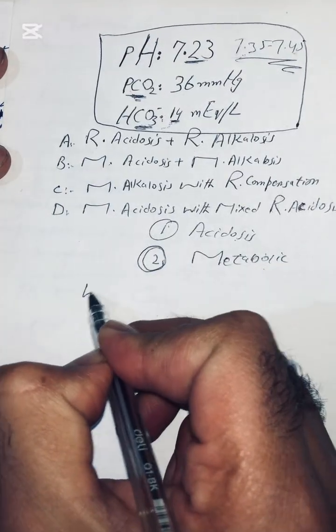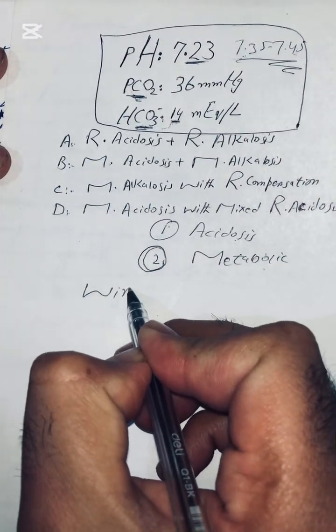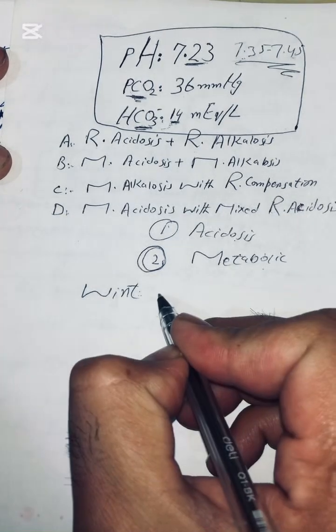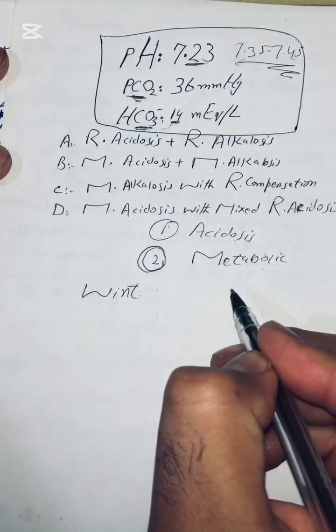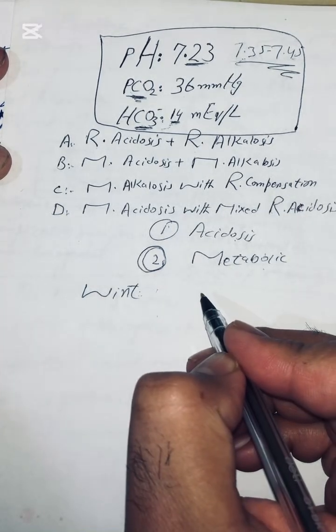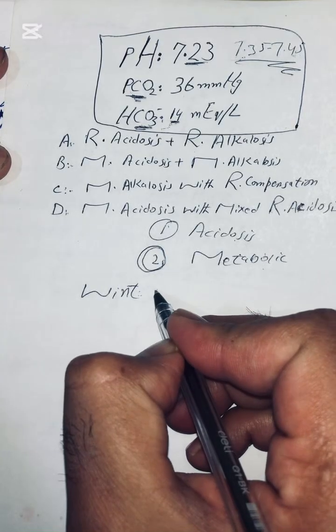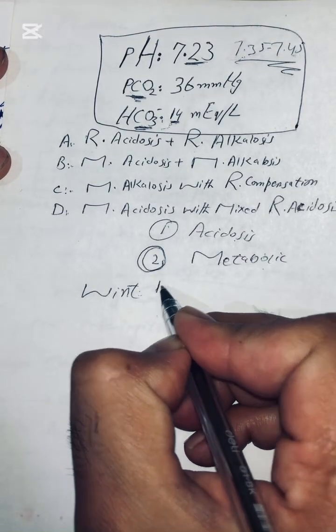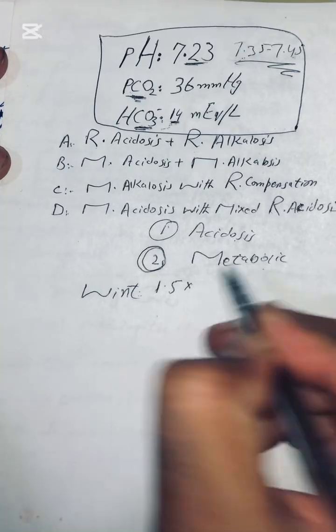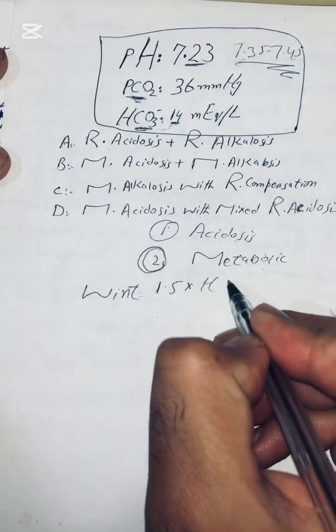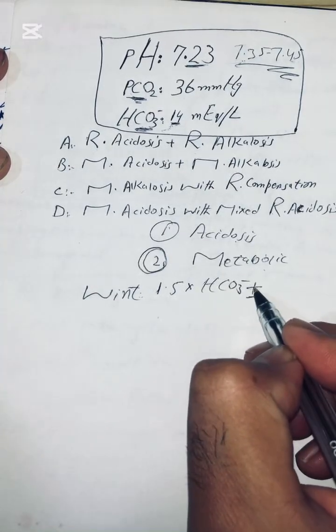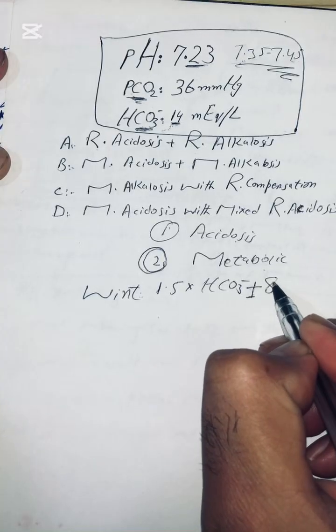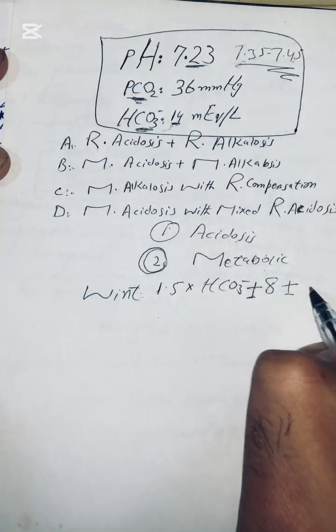There is a formula called Winter's formula. It says that to know whether there is some concomitant disorder, a mixed abnormality, you have to use Winter's formula: 1.5 multiplied by bicarbonate plus 8, plus or minus 2.